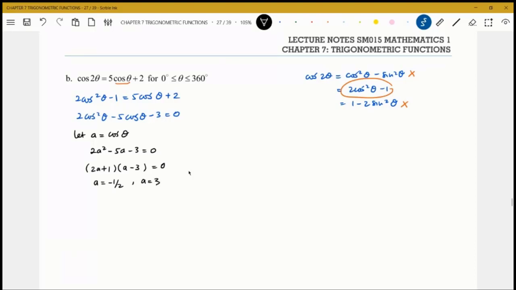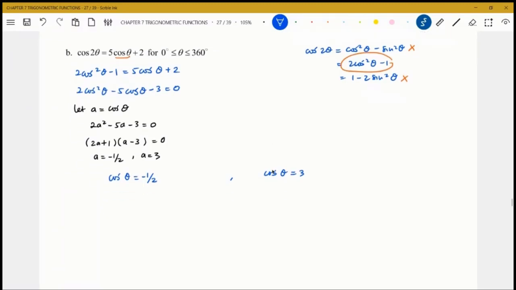So kita tahu A adalah cos theta. Cos theta equal to negative half and then another one adalah cos theta equal to 3. Okay, kita selesaikan dulu cos theta equal to negative half. So we can have it, this one is the L. So acute angle kita adalah theta alpha adalah inverse cos of negative half ke positive half?